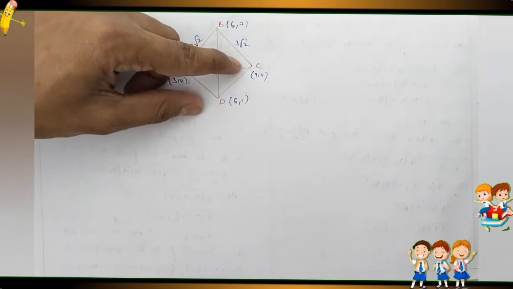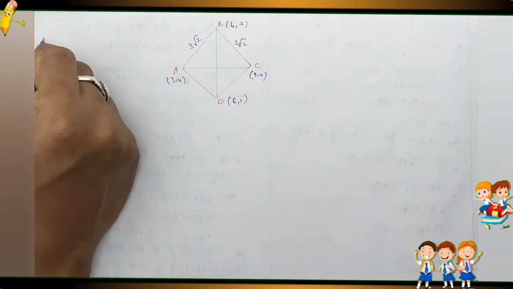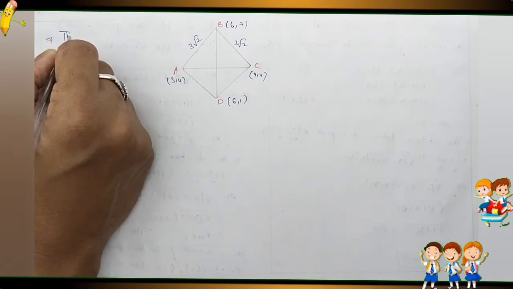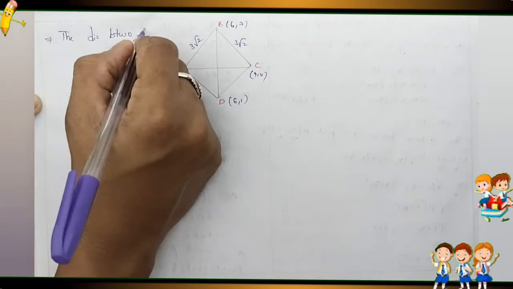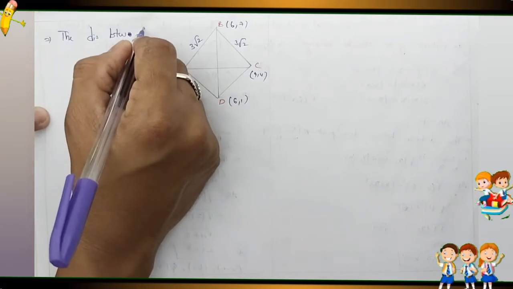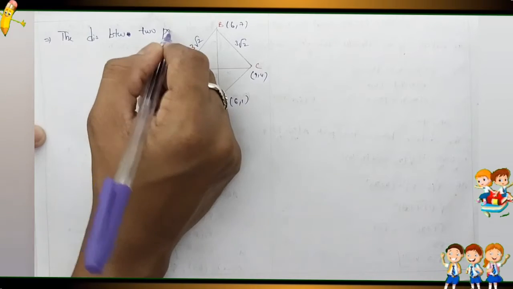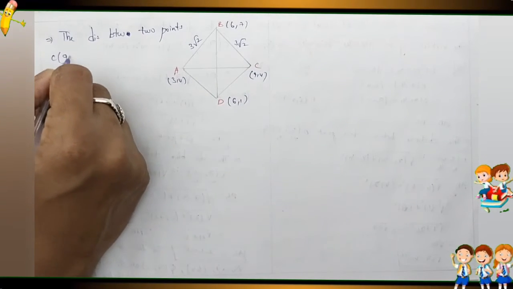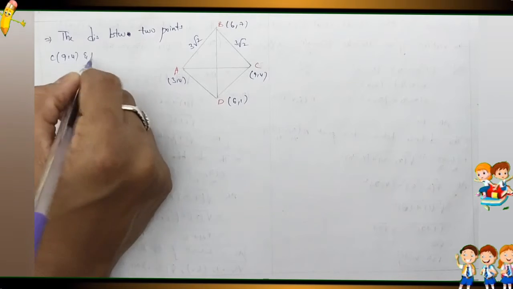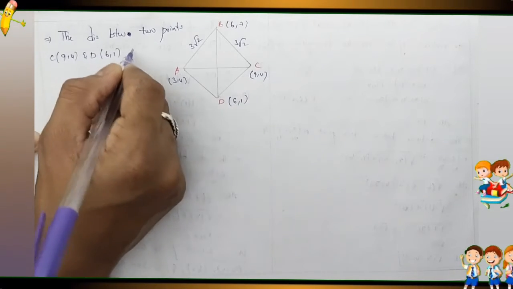Now we can find out CD. Write down, again by using the distance formula. The distance between two points C and D. C value is (9, 4) and D value is (6, 1). So what is the formula?